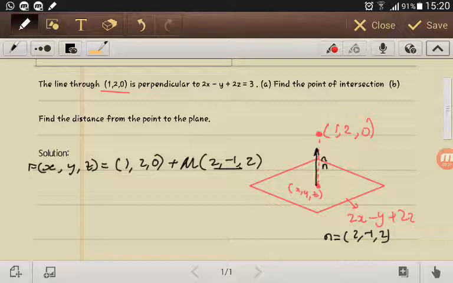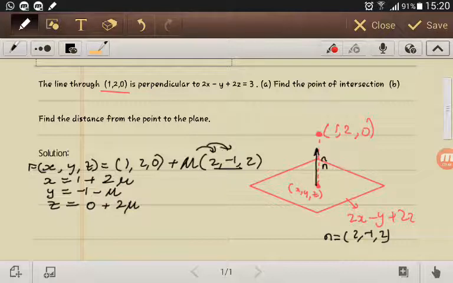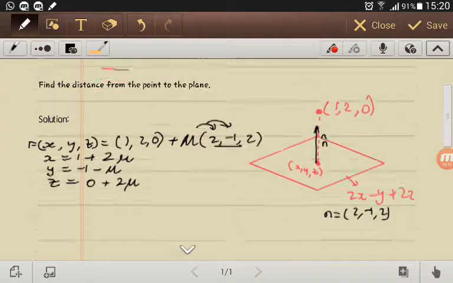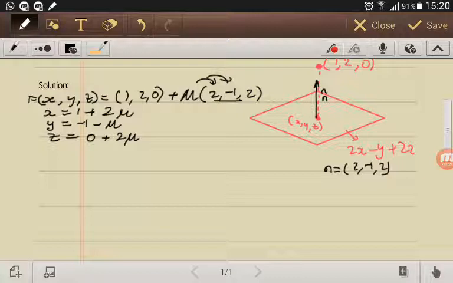That's fine. So x corresponds to 1 plus 2 mu, y corresponds to 2 minus mu, and z corresponds to 0 plus 2 mu. I'm just writing the parametric equation for the line. So we're fine with that.